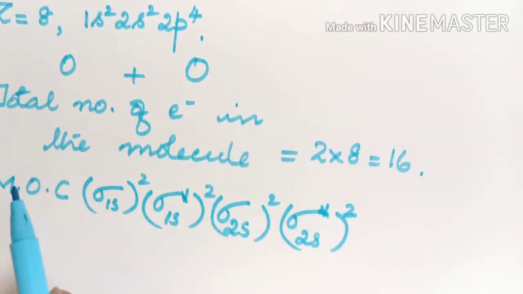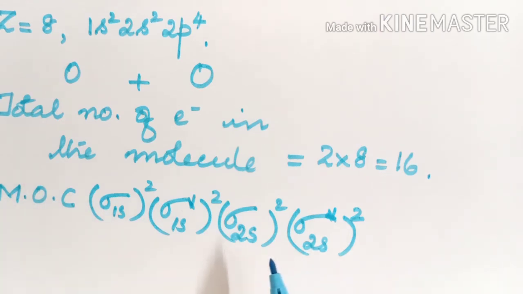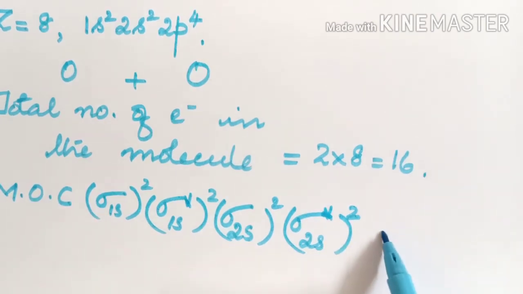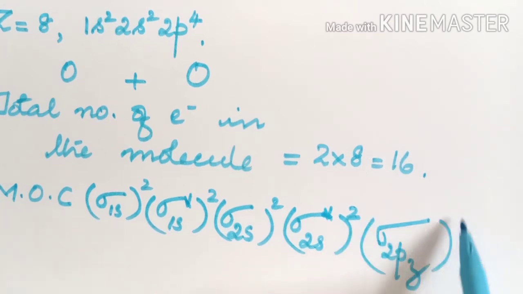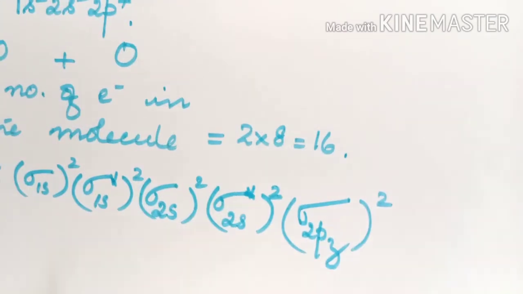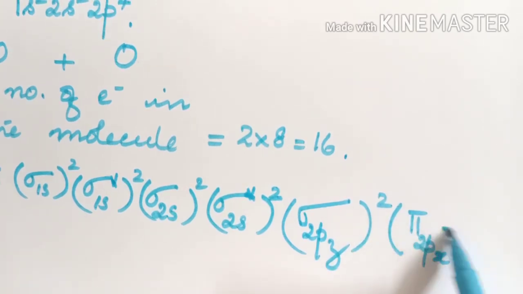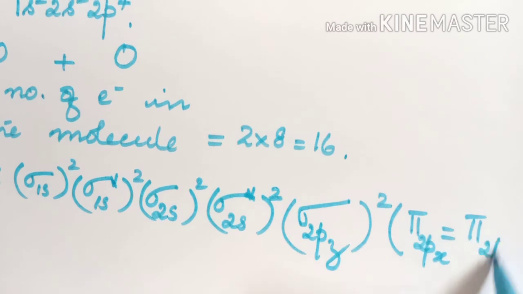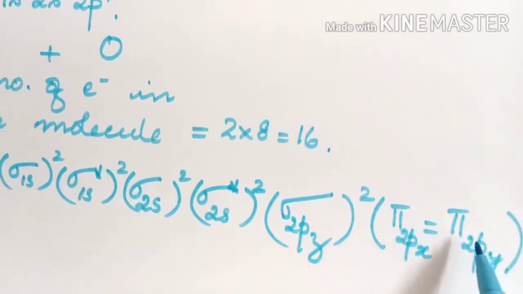Note that Z value is more than 7. So there is a slight change in the order of the filling up of the molecular orbitals. The next orbital that is filled will be sigma 2pz square, followed by pi 2px, which is equal to pi 2py, because it is degenerate and it will be filled again.